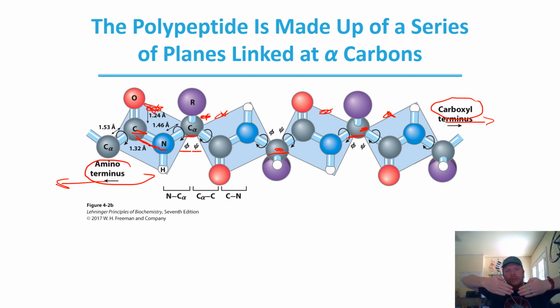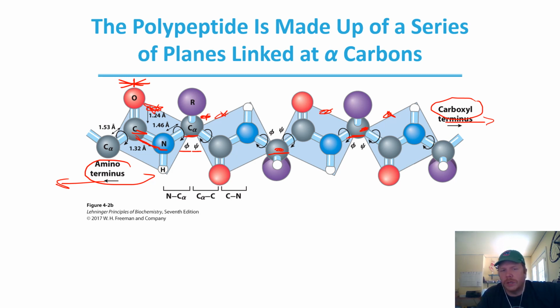We have these two adjacent planes where we can't have any wiggle room within the plane, so this oxygen right here is not going to move forward or backward or anything like that. Instead, this whole plane will rotate because of the phi angle.